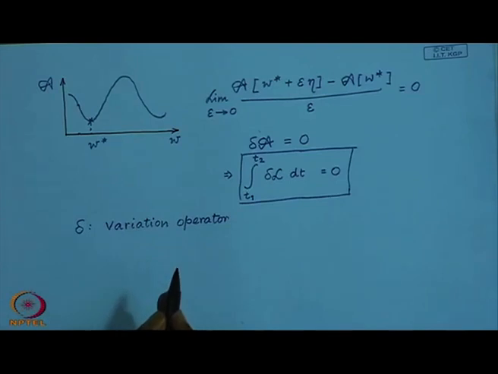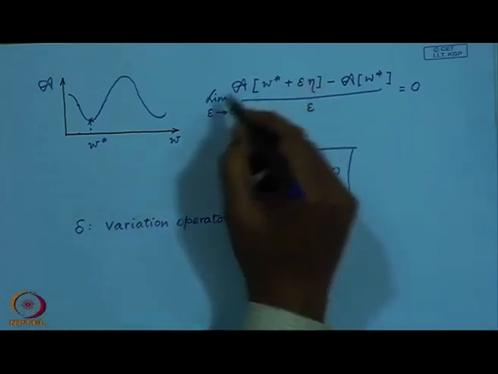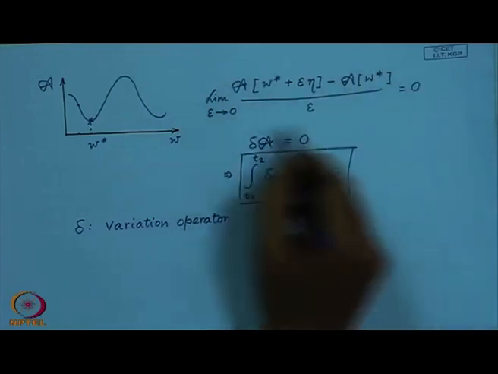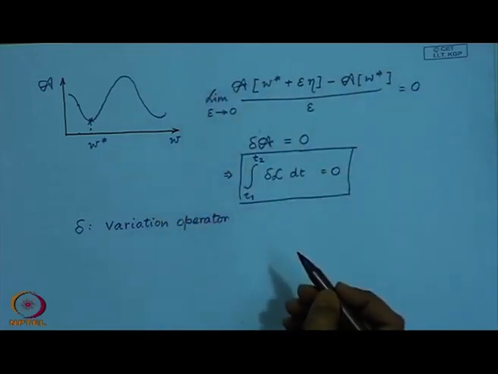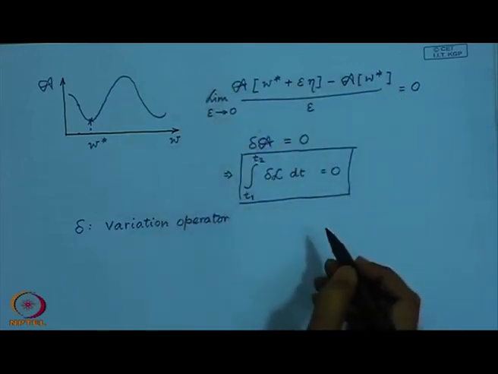So, time is frozen. So, when this operator is applied, it is assumed that time has been frozen. All this can be understood if this limit that we have calculated is analyzed.